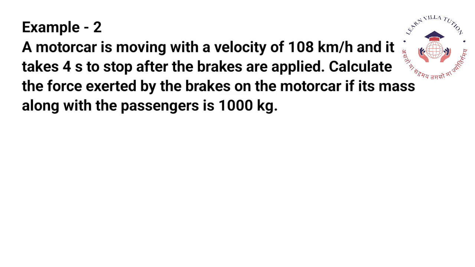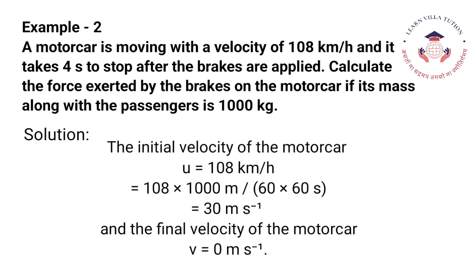Example 2. A motor car is moving with a velocity of 108 km per hour and it takes 4 seconds to stop after the brakes are applied. Calculate the force exerted by the brakes on the motor car if its mass along with the passengers is 1000 kg. Solution. The initial velocity of the motor car, u, is equal to 108 km per hour.